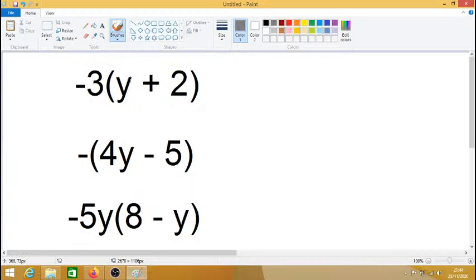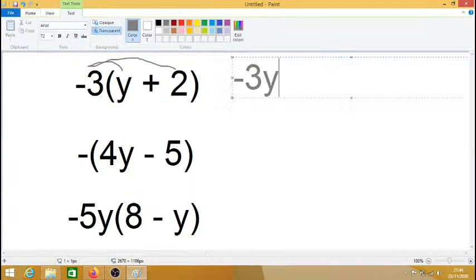Okay, hopefully that was enough time to have a go at one or two of them. So starting with the first one, minus 3 gets multiplied by y, that's minus 3y. And then the same minus 3 gets multiplied by the 2, and that's minus 6. So this one would work out to be minus 3y minus 6.